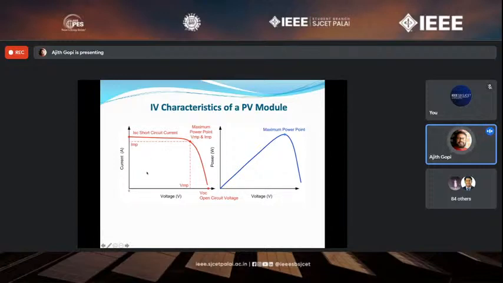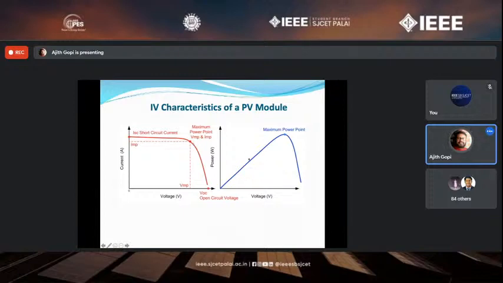When you connect the PV module to some load, you have IMP and you have VMP. Then your maximum power point is this. And you might have heard of maximum power point tracking, MPPT. I'm not explaining much about that because of the time constraint. So there the tracking is done for the maximum power point.